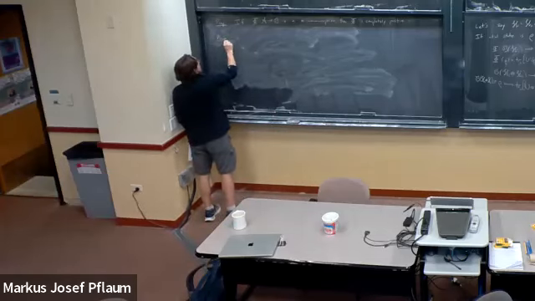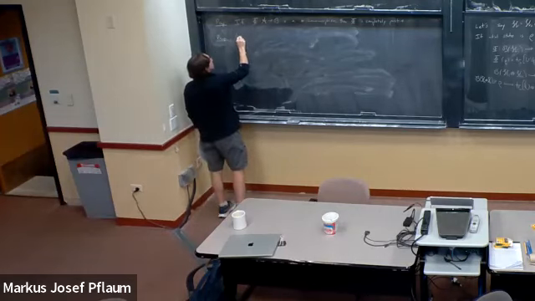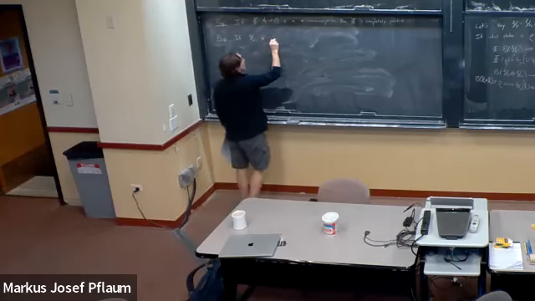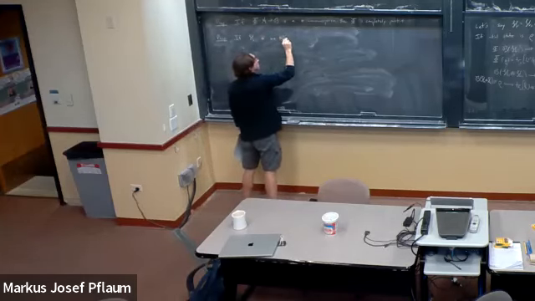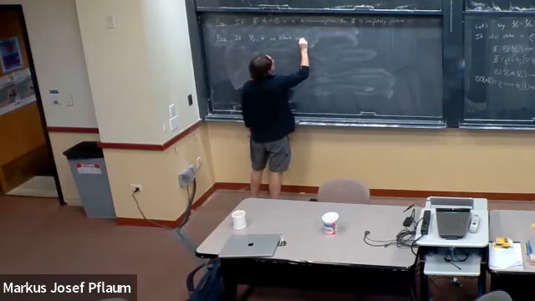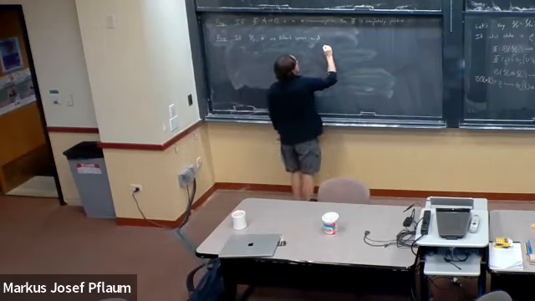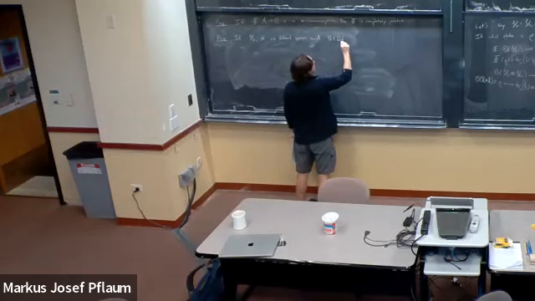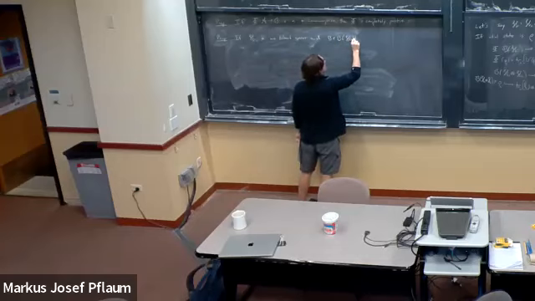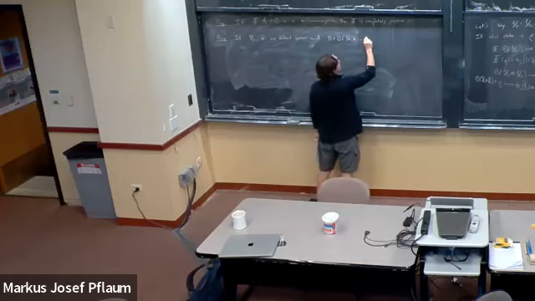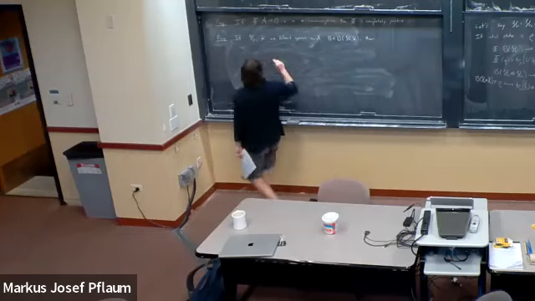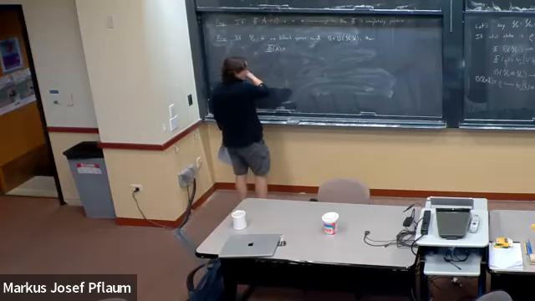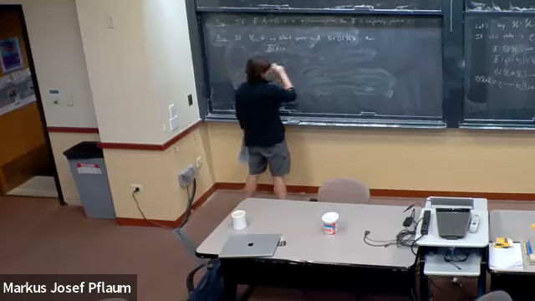Here's another. If H and K are Hilbert spaces, and we have a bounded linear operator, let's call it B, from H to K, then conjugating by B gives me a completely positive map.